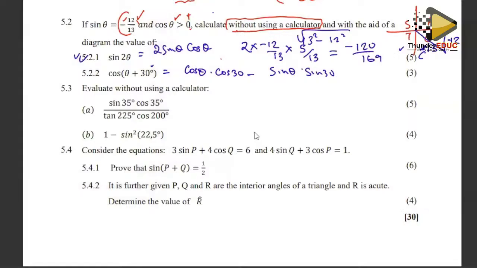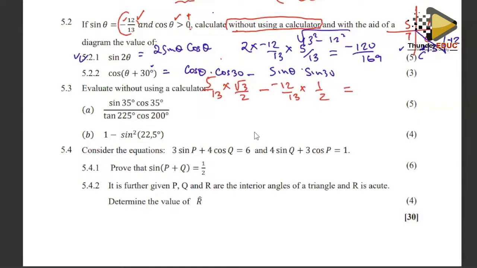So cos of theta is going to be adjacent, which is 5 over 13. The cos of 30 is going to be root 3 over 2, if I'm not mistaken. Then we are subtracting the sine. They gave us negative 12 over 13. And then the sine of 30 is a half.